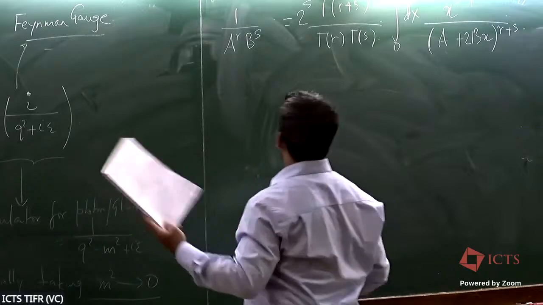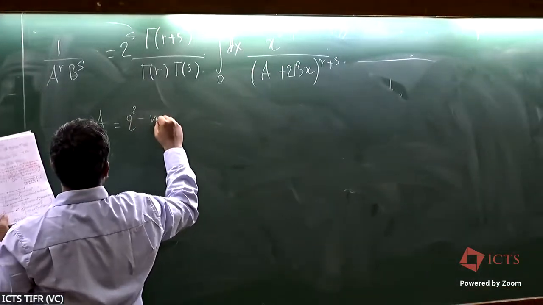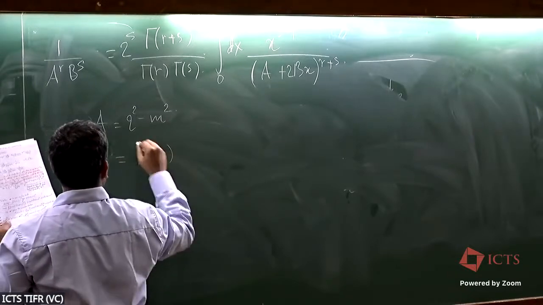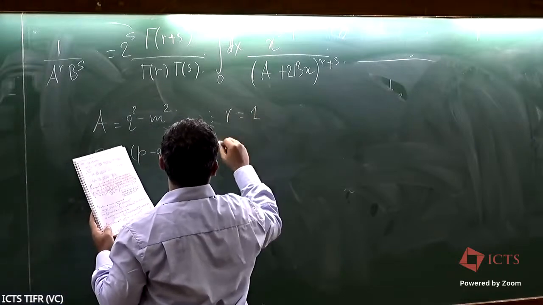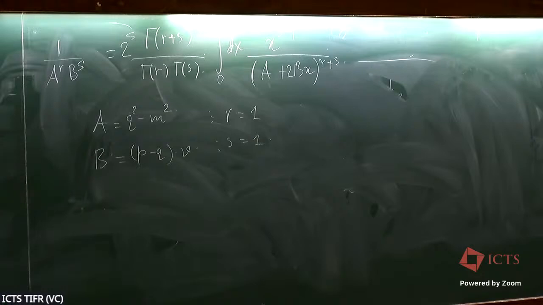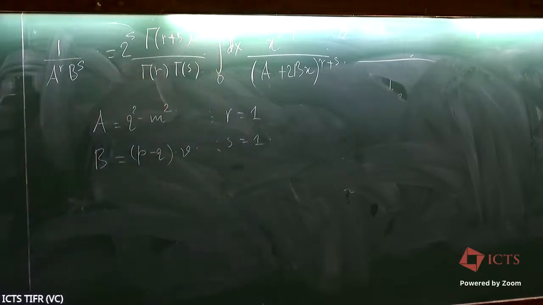So in my integral, A is q squared minus m squared, B is (P minus q) dot v, r is 1 and s is 1. I think in relativistic theory, we introduced this x where the integral goes from 0 to 1, if I remember correctly, but here is a different identity similar to it.